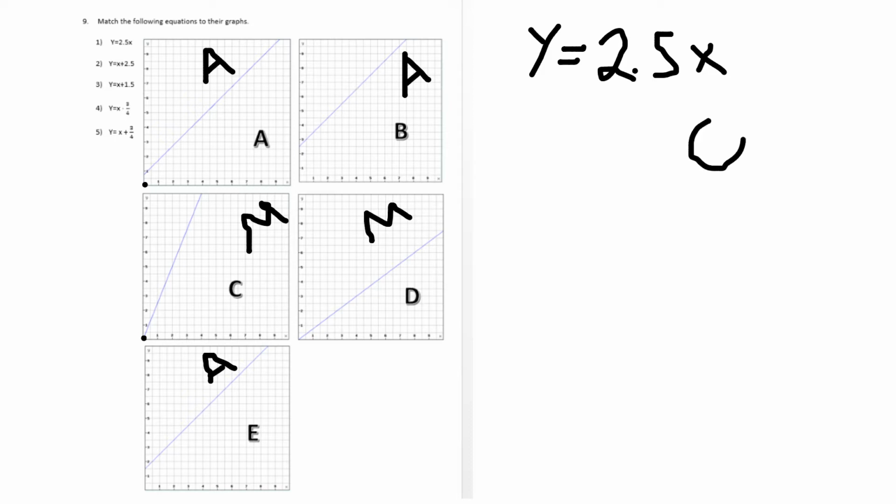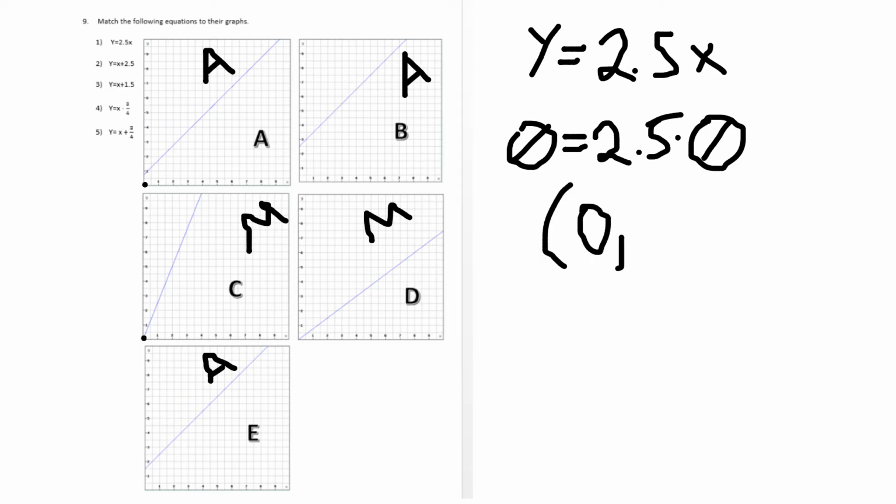So when x is equal to 0, y is going to be equal to 0 because anything times 0 is equal to 0. In this case, 2.5 times 0 equals 0. So that tells us that it's going to go through the point 0, 0. So it's a multiplicative graph that we need to look for. Now these two, C and D, are the only ones that fit that bill. So now we have to figure out which one it is.